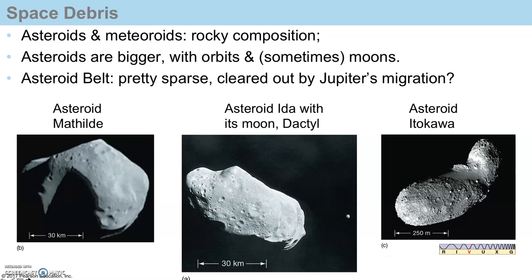They are not spherical. They are very oddly shaped, and these rocks tend to hang out in the asteroid belt, and meteoroids are smaller rocks. Meteoroids are small rocks that hang out in the asteroid belt as well, with the larger asteroid rocks. All of these orbit. Sometimes the asteroids actually have their own small moons. Amazing to think about, right?